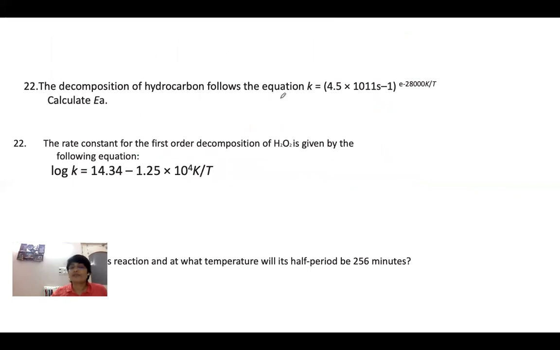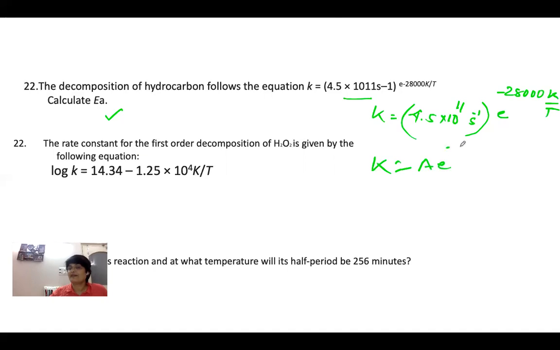Next, decomposition of a hydrocarbon follows this formula. Calculate E act. This is a logical question. K is equal to 4.5 into 10 to the power 11 per second, e to the power minus 28000 K by T. We can recall that this resembles K equal to e to the power minus E act upon RT. So what do you have to do? Equate this whole expression.